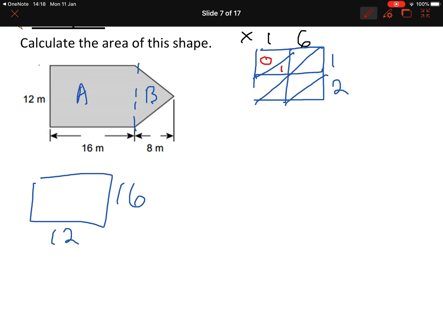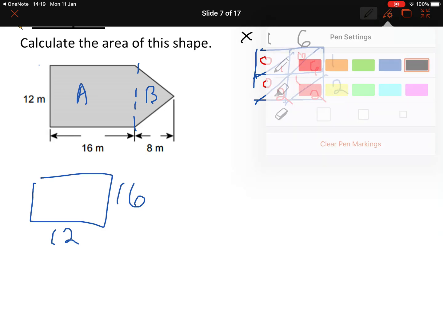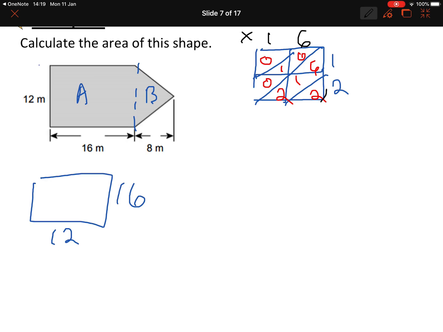Okay, so let's show the answer. 1 times 1 is just 1, so tens here, units here. 1 times 6 is 6, no tens, units here. 1 times 2 is 2, so that's just 0 there and 2 there. And 2 times 6 is 12. Okay?